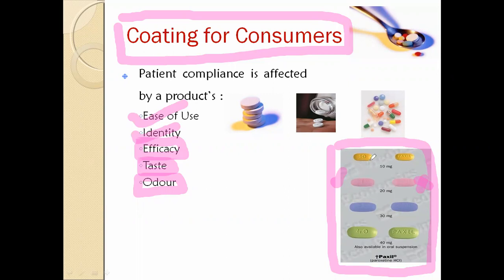Here we have shown the anterior as well as the posterior side of the tablet on both sides. Here there is no mark, and here we have a mark. Here we have an embossing of the brand name itself, that is Paxil, 40 mg Paxil, which is also available in oral suspension. So these are some of the unique features which coating provides with special reference to the consumers.